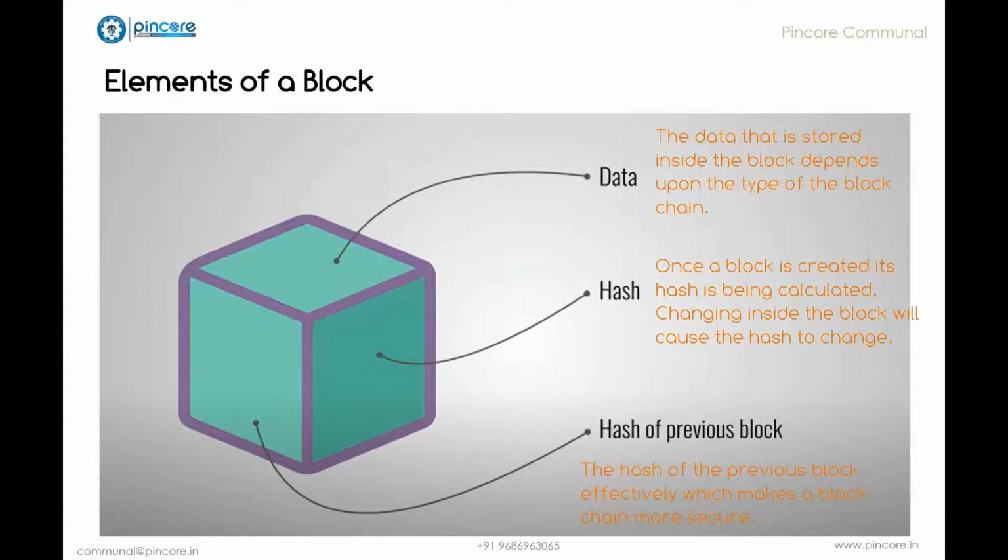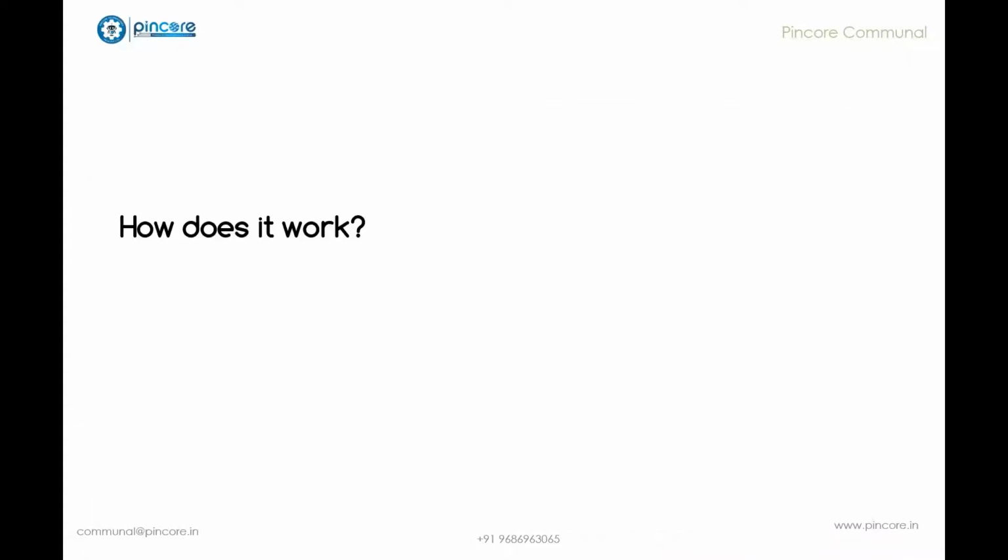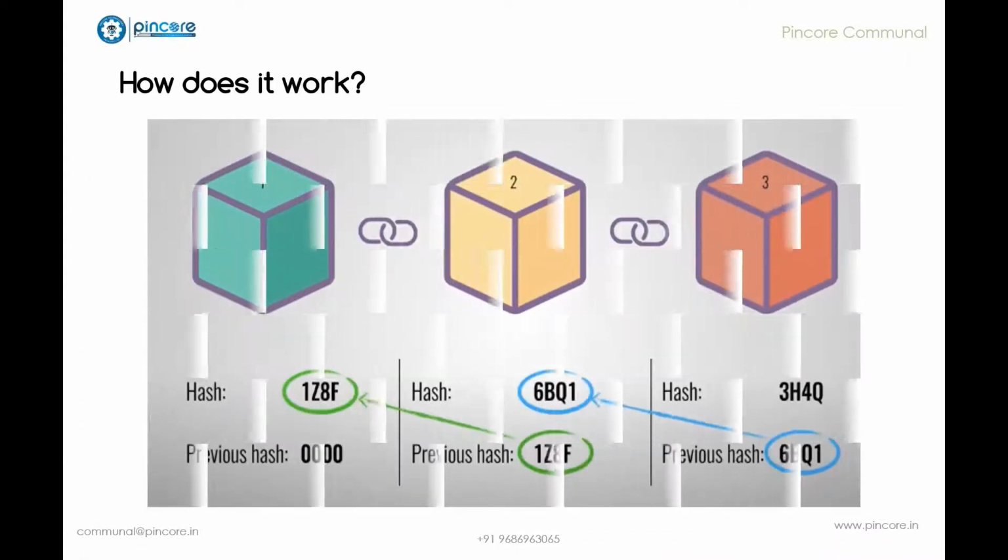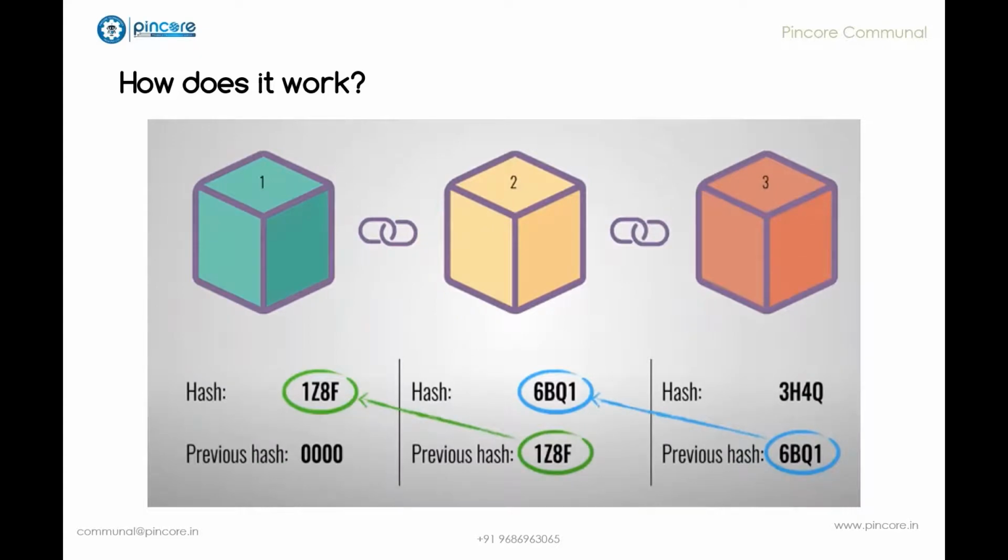The third element in the block is the hash of the previous block. This effectively creates a chain of blocks, and it's this technique which makes a blockchain more secure. Now let's take an example. Here we have a chain of 3 blocks.